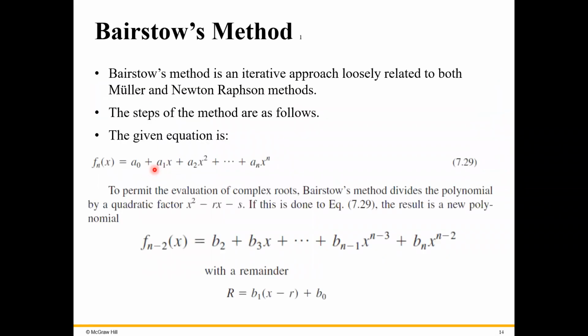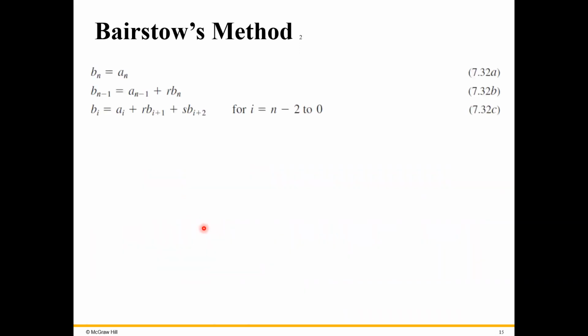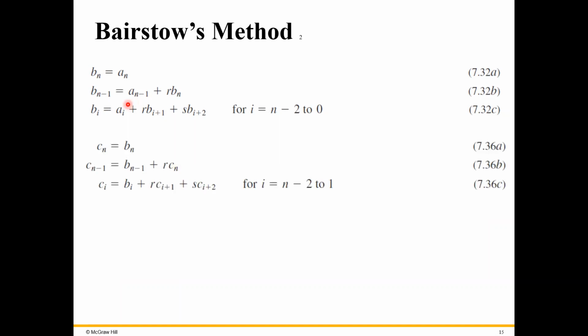So again, the steps of Bairstow's method: we have the polynomial equation, we take a quadratic factor, and as a first step we calculate the b coefficients, and then we calculate the c coefficients. The next step is to solve this system of two linear equations in delta r and delta s.